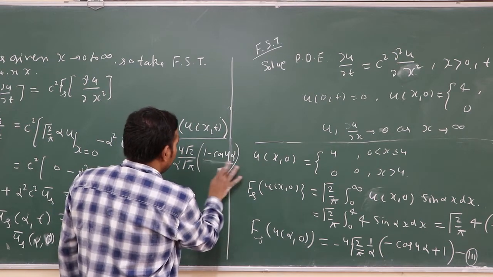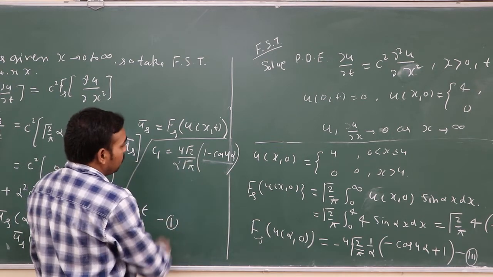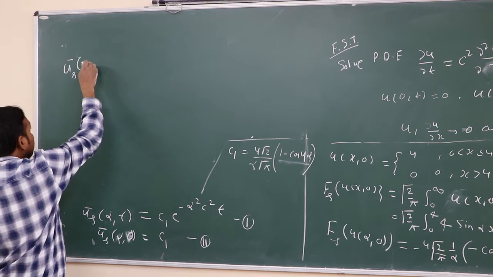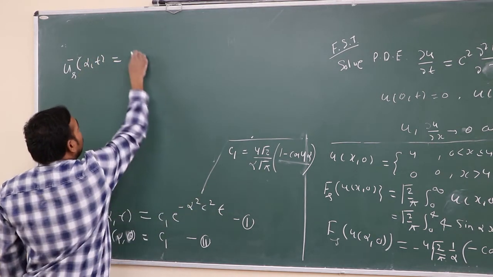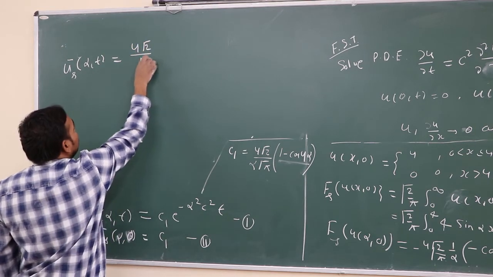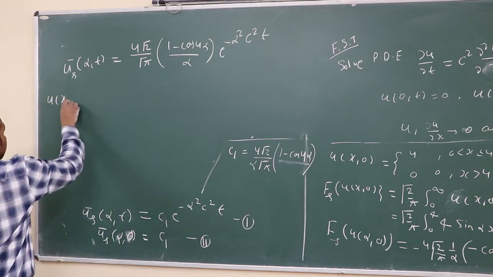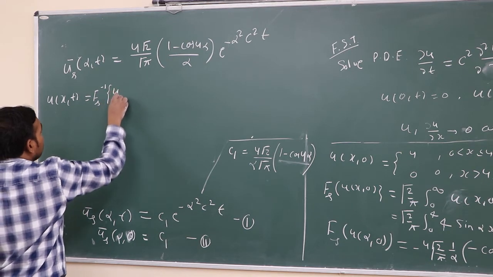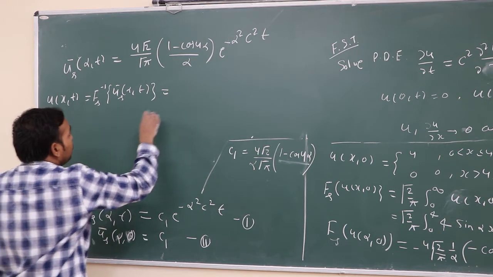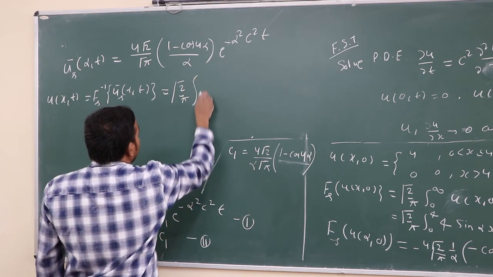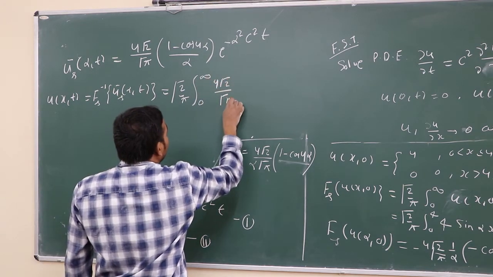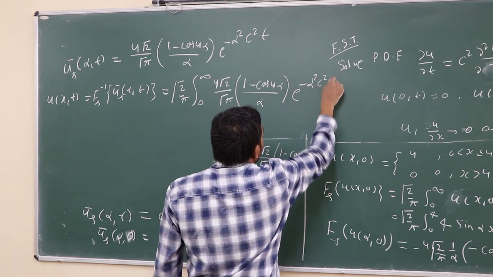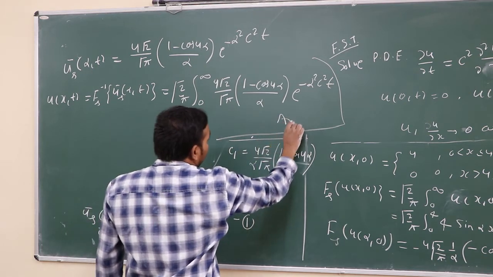So we can write u_s bar(alpha, t) equal to 4 under root 2 upon under root pi, times (1 minus cos 4 alpha) upon alpha, e to the power minus alpha square c square t. The solution is the inverse Fourier sine transform of u_s bar(alpha, t), equal to under root 2 upon pi, integral 0 to infinity of 4 under root 2 upon under root pi, (1 minus cos 4 alpha) upon alpha, e to the power minus alpha square c square t. This is the answer of this problem.